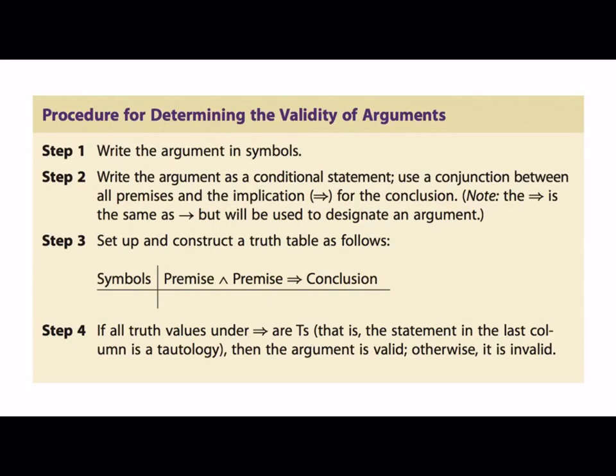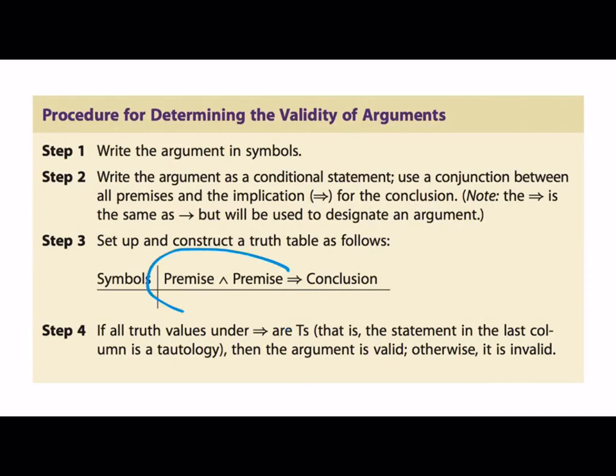Right? So we're going to use a conjunction between all the premises, and then we'll use an implication symbol for the conclusion. In other words, like in the last two examples where we had two premises, what we want to know is, does accepting premise one and premise two necessarily imply the conclusion?